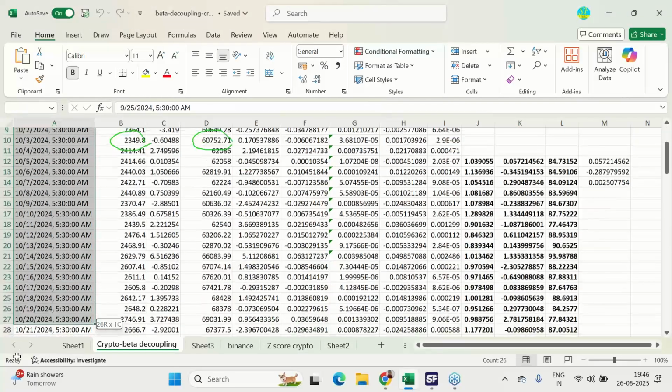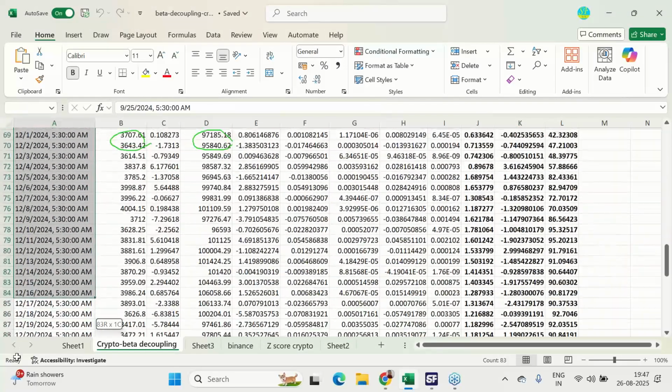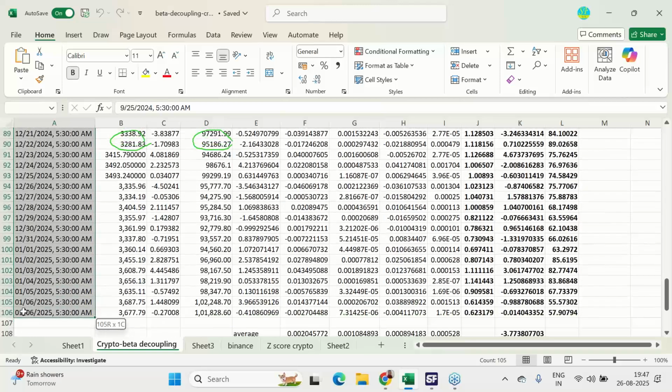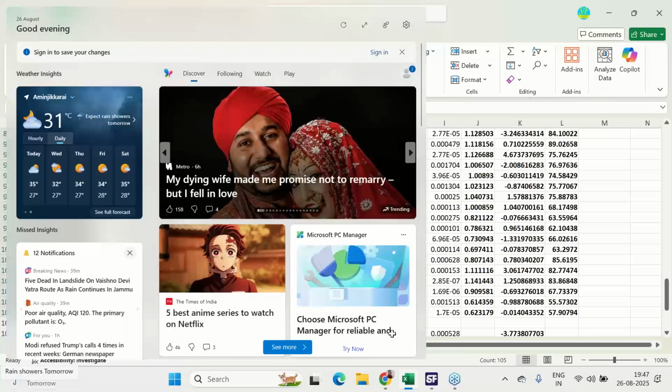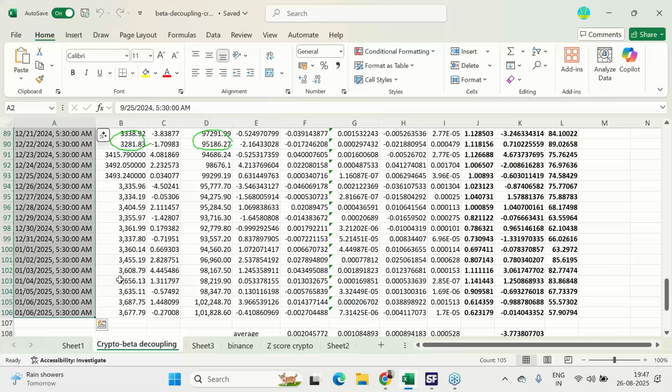You can take 90 to 100 days of data, but for crypto you can take some 5-6 months of data. It will be good. If you take more than 100 days of data for crypto, you will get a very good result, but not 500 or 600 days. The number of days should be 100 to 150 days for crypto.